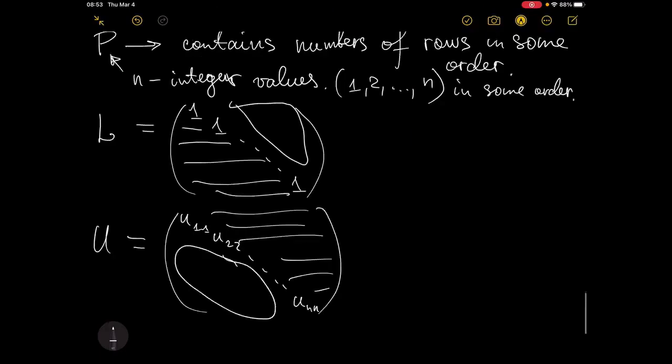So from here, you can see that L uses this part of the matrix, while U uses this part of the matrix.